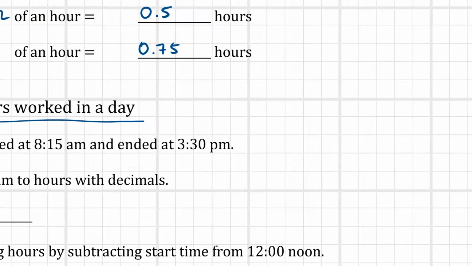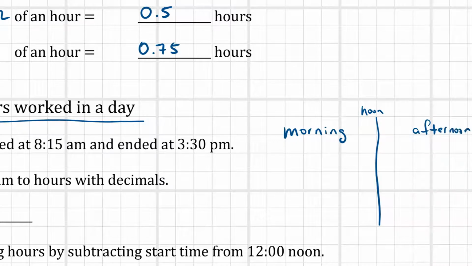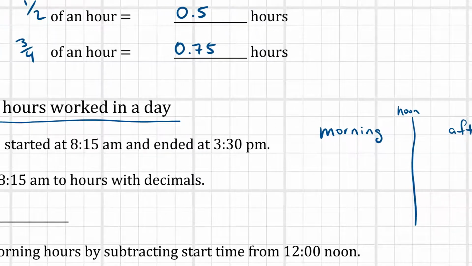Okay, so we're going to divide things from the morning, and then something happens at noon. This is 12 noon, and then we got the afternoon. And the reason why I'm doing this is because the numbers start over, right? We go from morning, goes up till 12, and then in the afternoon we start at 1 again. So the numbers start over, so we just can't do it directly.